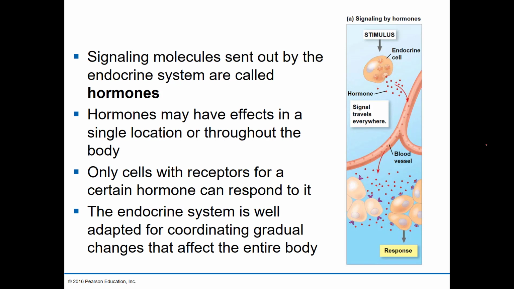So that allows the body to do specific reactions, as opposed to a hormone being released all throughout the body and every single part of the body reacting. Only those cells that have those little purple V-shaped receptors have the ability to respond. The endocrine system is well adapted for coordinating gradual changes that affect the entire body.